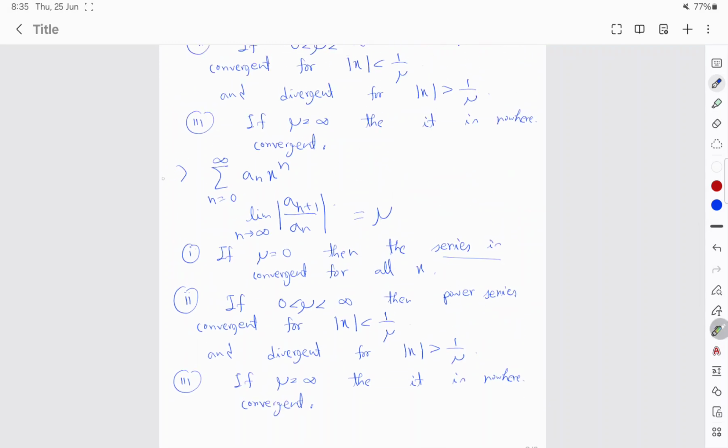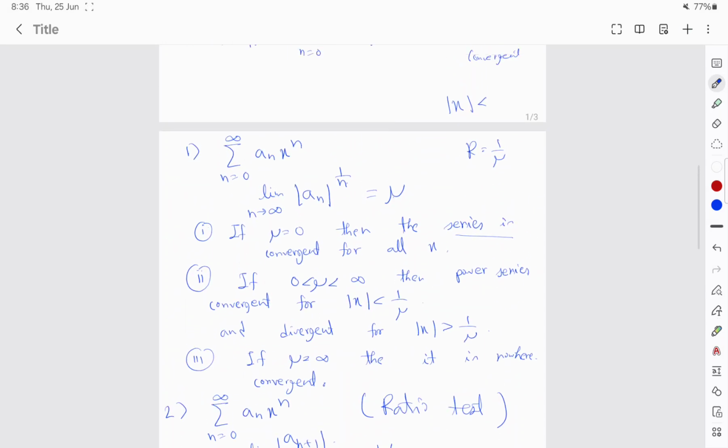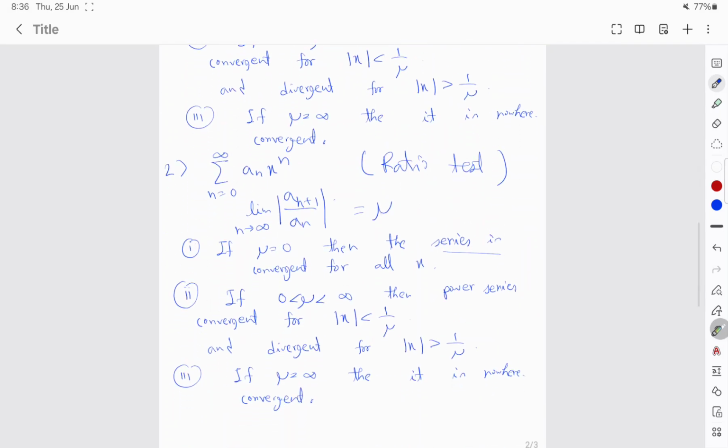So this is actually called the ratio test. This is basically the ratio test, and the earlier one is like the root test, but this is a well-known theorem that is called the Cauchy-Hadamard theorem. Okay, proof is not needed.